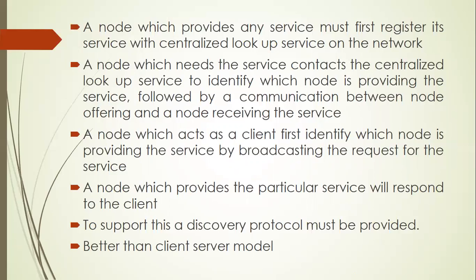Later, if any node wants that service, first it has to search in the lookup table which node is providing what service. After identifying the node providing the corresponding service, it has to send a request to that particular node.